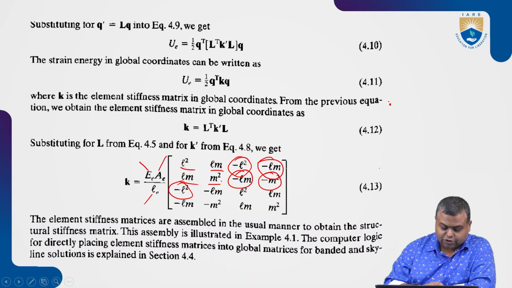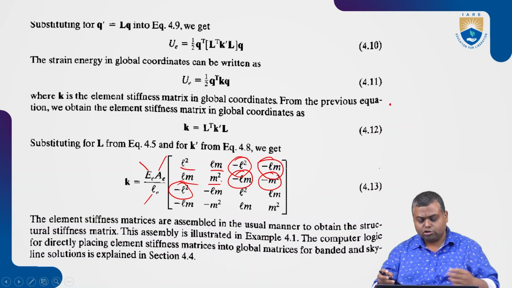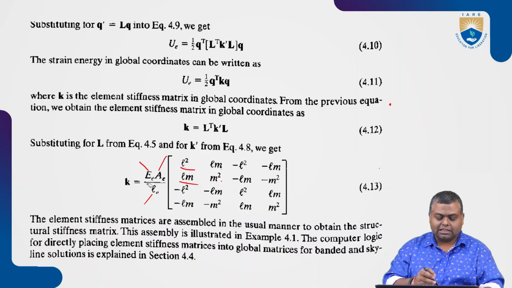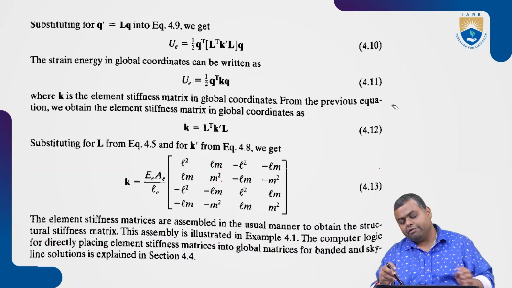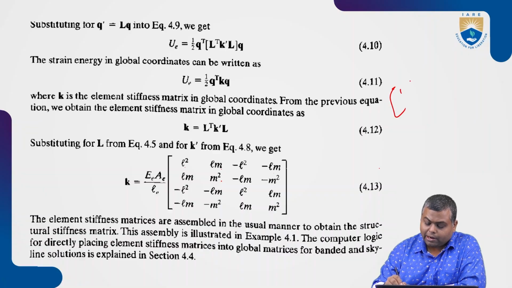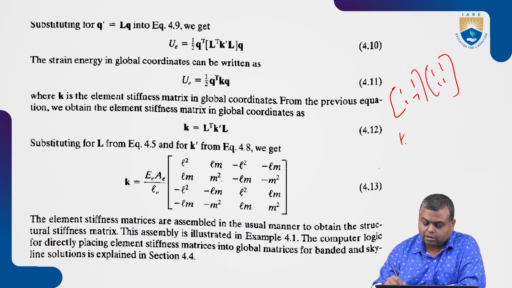node. The elemental stiffness matrices are assembled in the usual manner. The usual manner is nothing but we are going to add them diagonally. I already explained in the previous sessions that if you have 2 matrices, you need to add them diagonally, thereby to get K is equal to K1 plus K2.